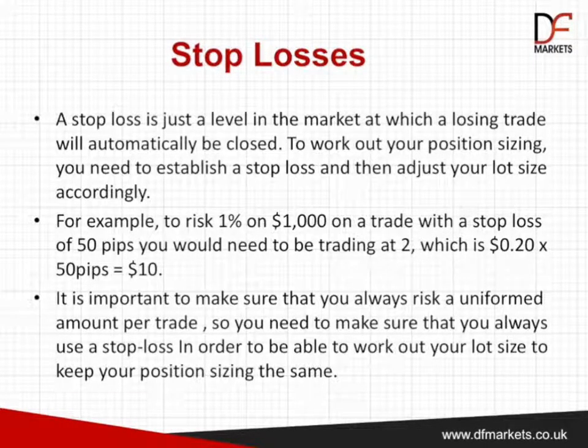To work out your position sizing, you need to establish a stop loss and then adjust your lot size accordingly. So, for example, to risk 1% of a $1,000 account on a trade with a stop loss of 50 pips, you would need to be trading at 0.2, which is 20 cents times 50 pips equaling a $10 risk.